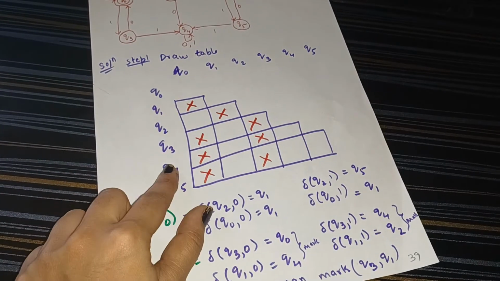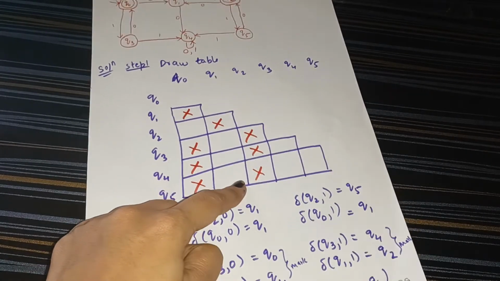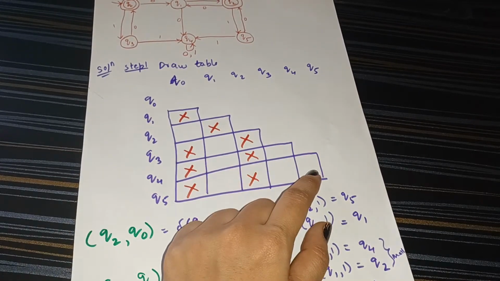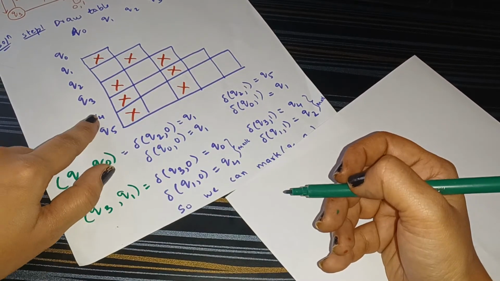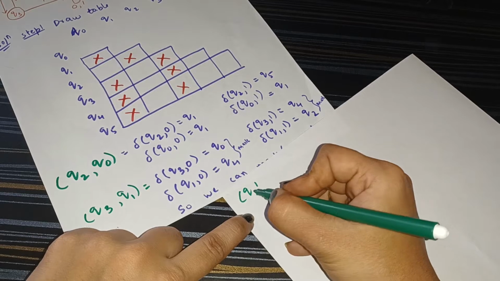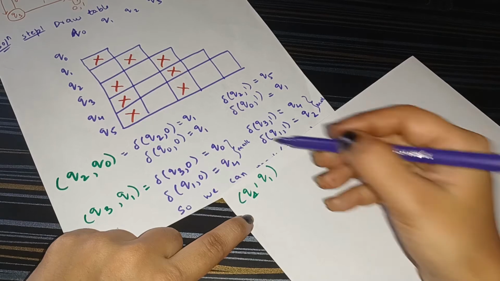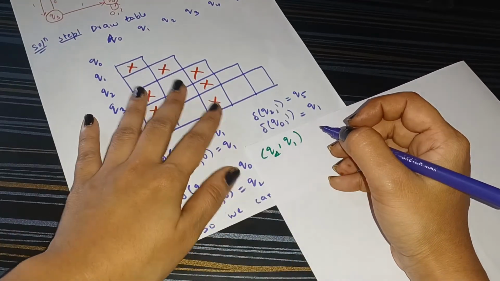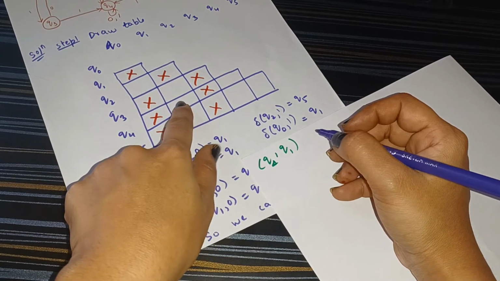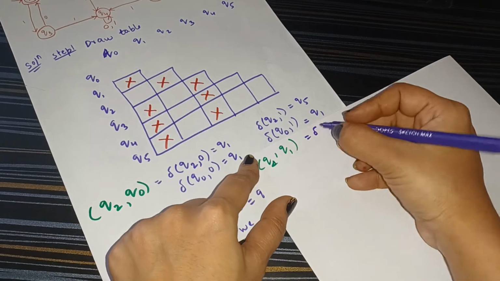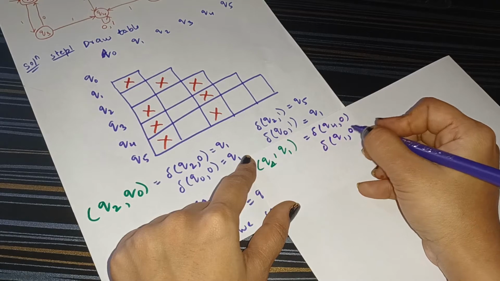Next we will be checking Q4, Q1, Q5, Q1, Q5, Q3. We'll check Q4, Q1 first. This is an unmarked pair. We need to check delta transition of Q4 on 0 and delta transition of Q1 on 0.